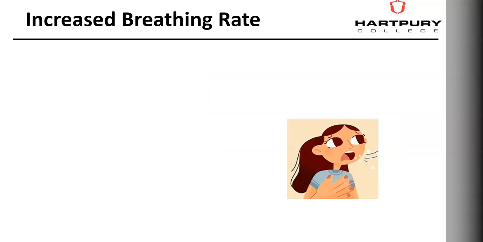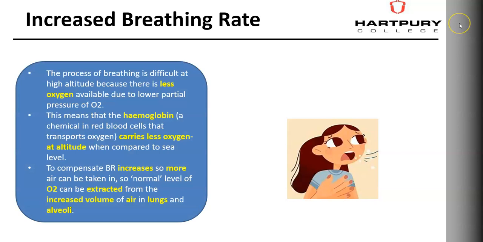The second response to high altitude is increased breathing rate. So the higher we go, the much more difficult it is to breathe because there's less oxygen available due to partial pressure. Okay, there's a lower partial pressure.